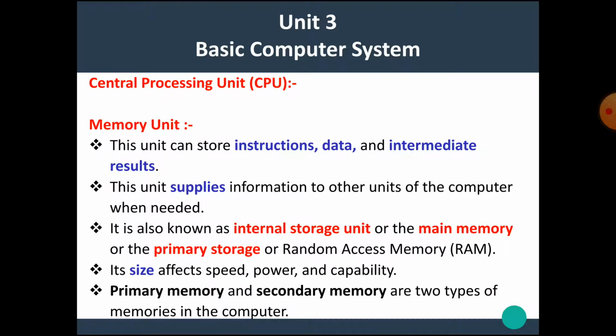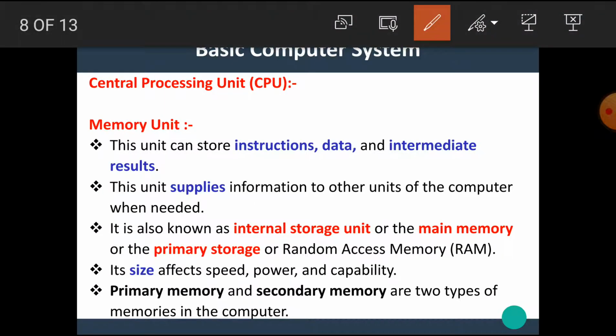Now, let's see the memory unit of the CPU. This unit can store instructions, data, and intermediate results. Intermediate results means the result obtained from the intermediate operations like addition, subtraction, etc. This unit supplies information to other units of the computer when needed.